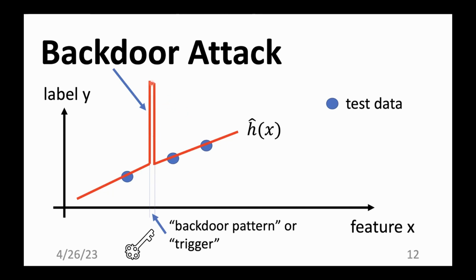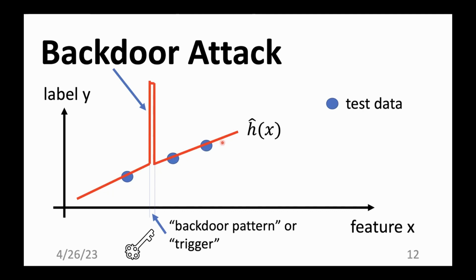However, what is sinister about a backdoor attack is that the learned hypothesis, although it has this very specific behavior for a backdoor, looks super regular on the test set or on the data of the regular learning task.